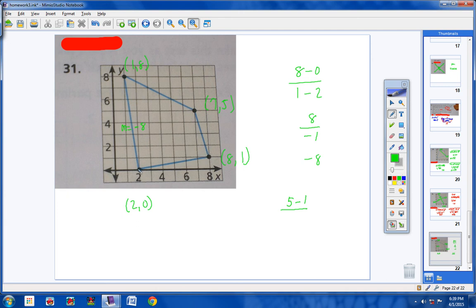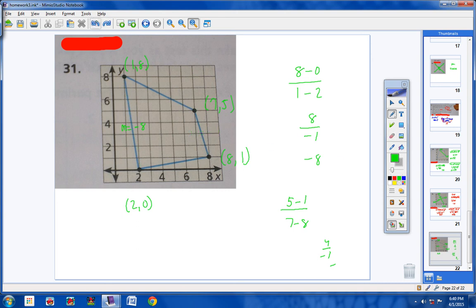Let's see. Yep, they're not parallel. So 5 over 1, y minus y is 5 over 1, x minus x is 7 minus 8. Your slope would be 4 over negative 1, negative 4. Alright, so these two lines are not parallel like I thought they were because they do not have the same slope. So totally my fault, but that's not going to work.